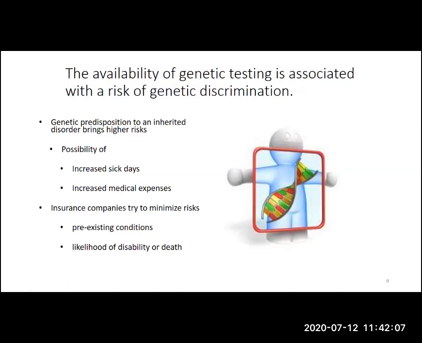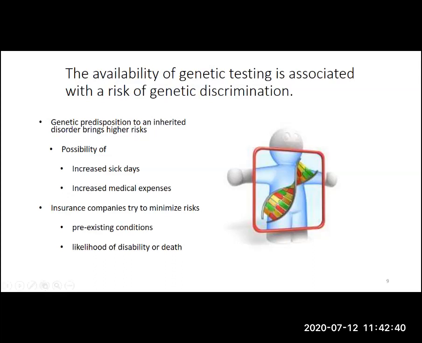And so if we find out that you have this mutation, it increases the likelihood that you're going to get sick, increases the possibility that you're going to be taking sick days, and it increases very dramatically the fact that you're probably going to have increased medical expenses. If you develop breast cancer, you want to treat it. You don't want to die from that, have it progress and kill you. So you're going to go and you're going to see a doctor, and you may have surgery, and you may have a drug treatment or radiation treatment. All of that stuff is expensive.